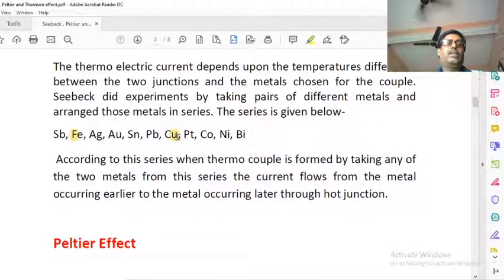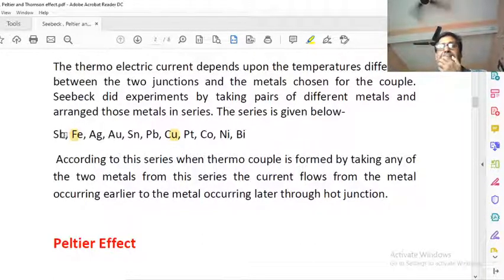Mind it. You have to remember this. Current will flow from the metal occurring earlier in the series to the metal occurring later through the cold junction. If you say that current flows from Cu to Fe, then you have to say current flows from Cu to Fe through the hot junction.